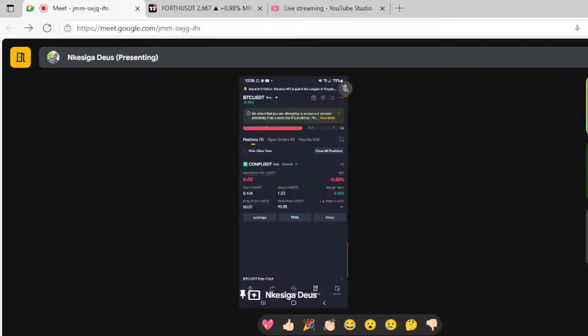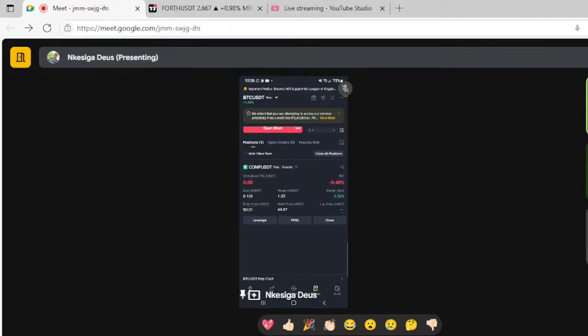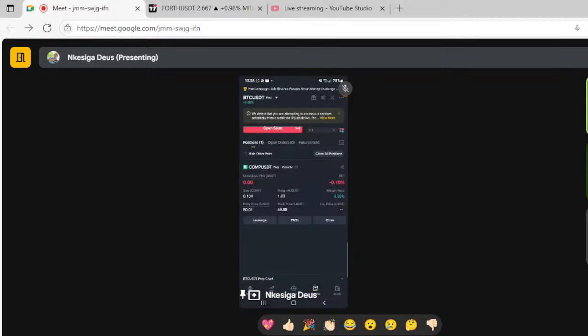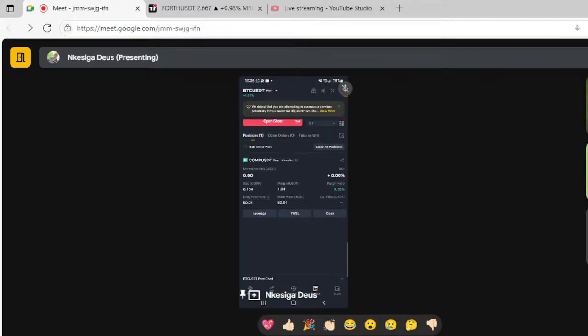Now, when you look at the liquidation price, it's not yet there. I wanted to check it, but why are they not showing it? I don't know. See it also in Royal Q, the liquidation price. You see it in Royal Q where you have started.